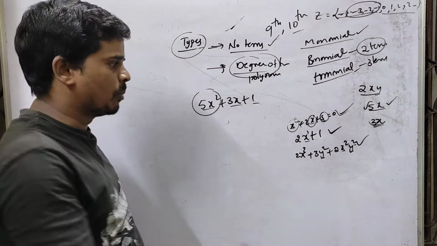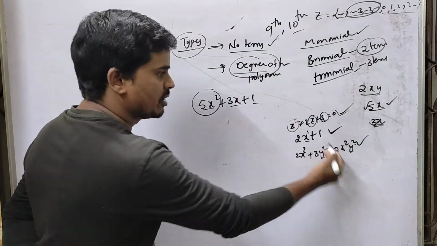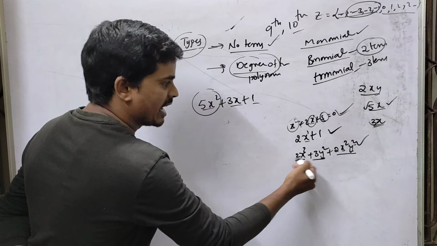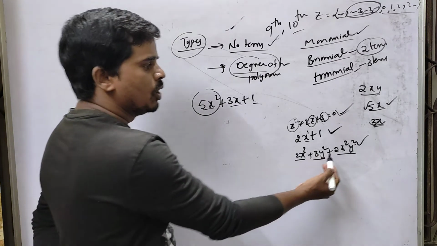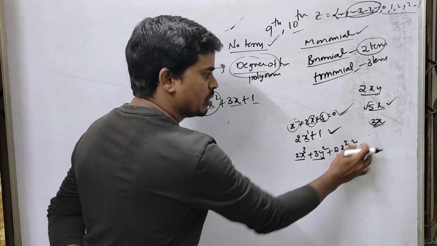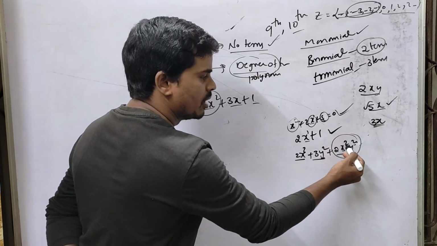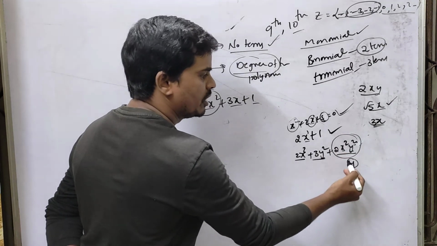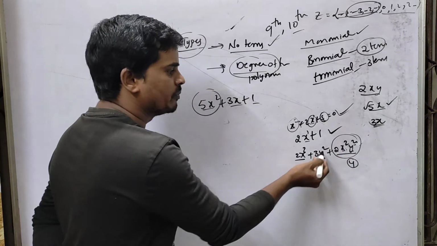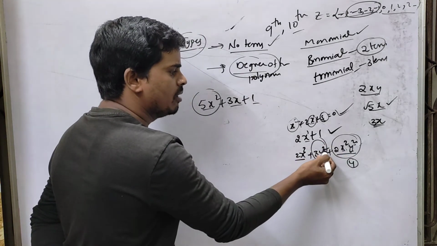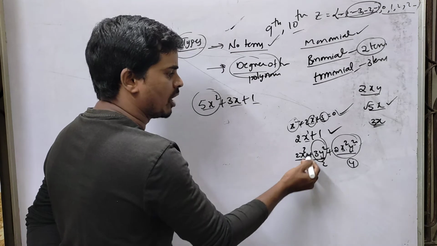In a term, suppose here x and y are the two variables. So here x square y square: the powers of the variables, 2 plus 2, is 4. So the degree of this term is 4. Here only y is the variable, and 2 is the power, so 2 is the degree of this term.